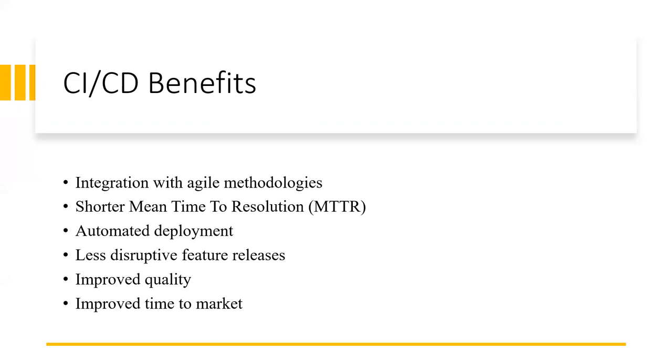Next, less disruptive user release. With development proceeding in small chunks that always result in a deployable artifact, it is possible to present users with incremental changes rather than large-scale changes that can be disorienting to users. And then we also have improved quality.